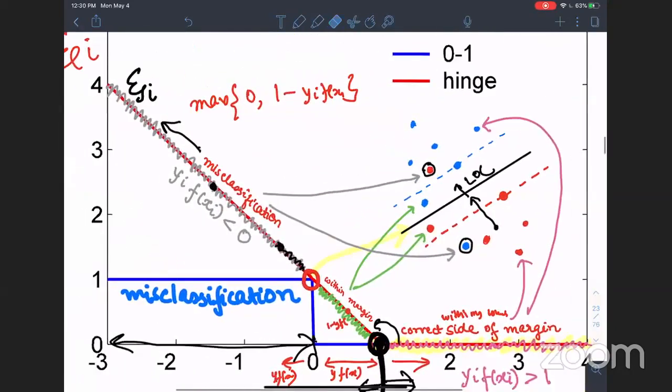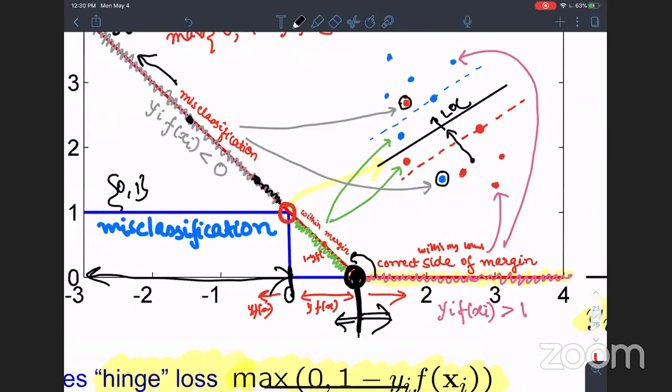There is another loss called the 0-1 loss, which basically means if you have misclassified, that is, if your yi/fxi is negative, they have opposite signs. Your prediction has an opposite sign to your actual label. That means you are assigning a constant loss of 1.